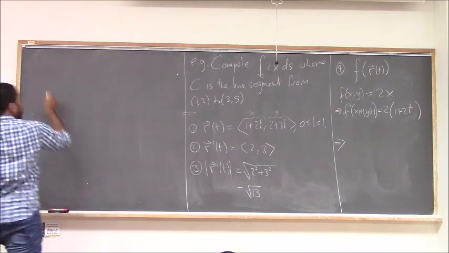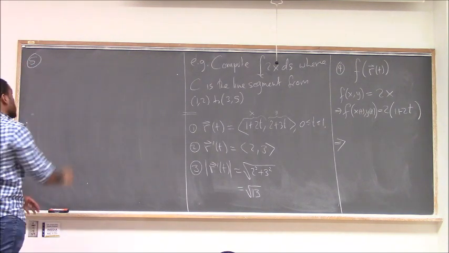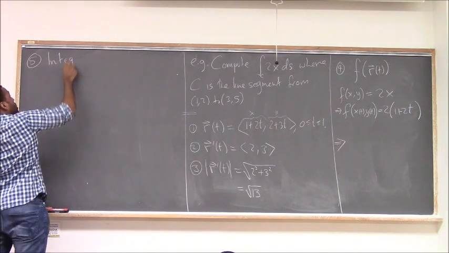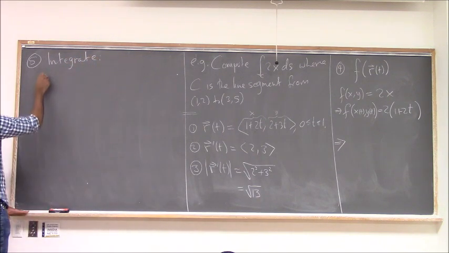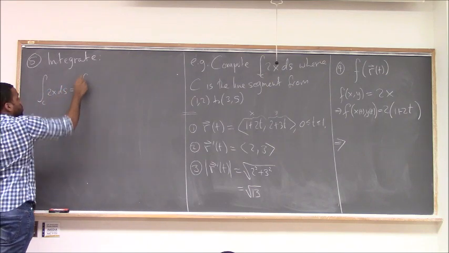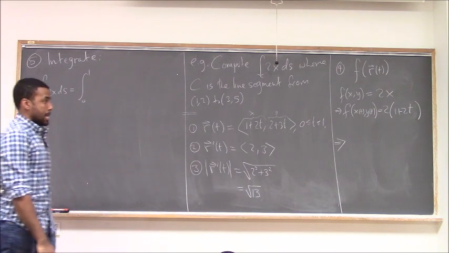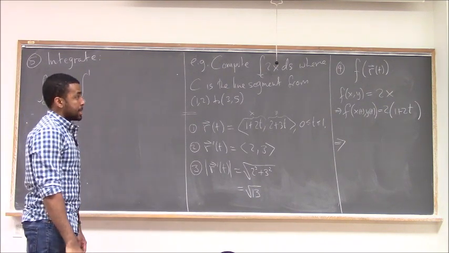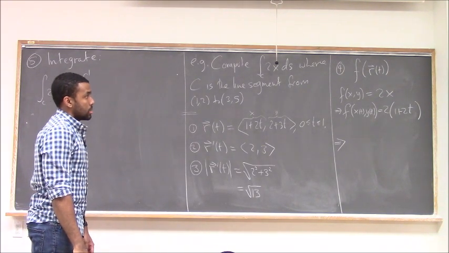So now you integrate. So now we're going to do the integral over C of 2x ds. Professor, for 2x you said 2 times 1 plus 2t, you don't need to put the y because y is not there, right?